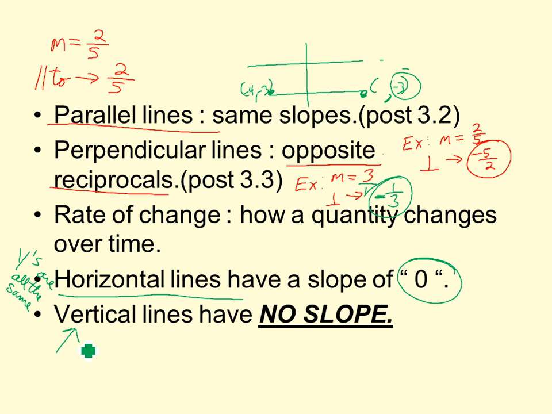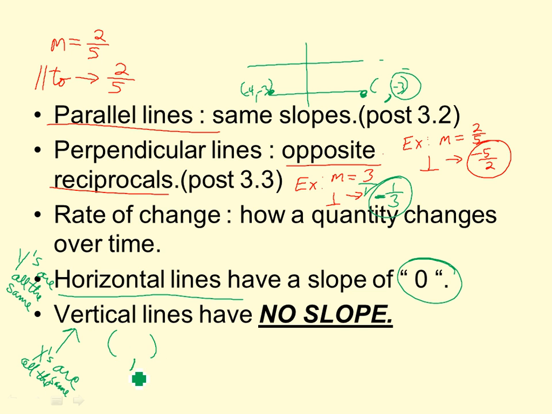On vertical lines, the x's are all the same. Sorry if you can't read that. So horizontal lines, y's are all the same. Vertical lines, x's are all the same.